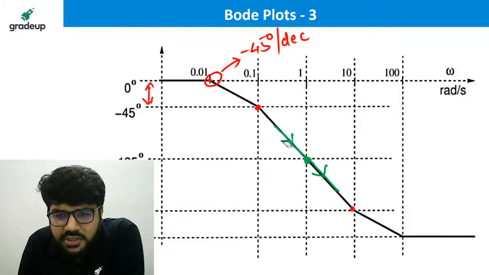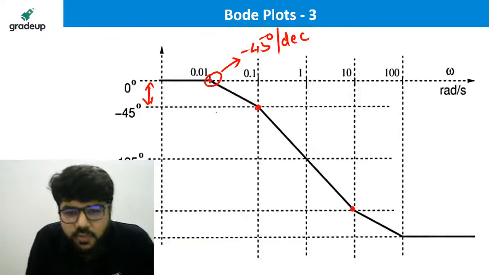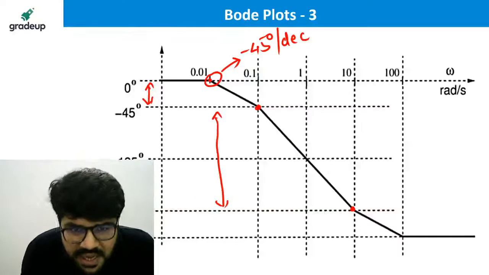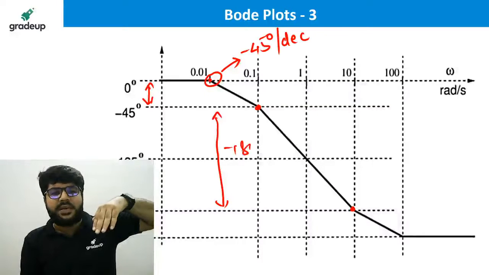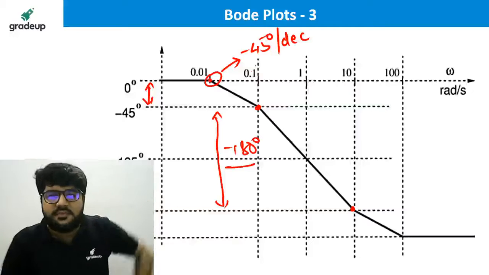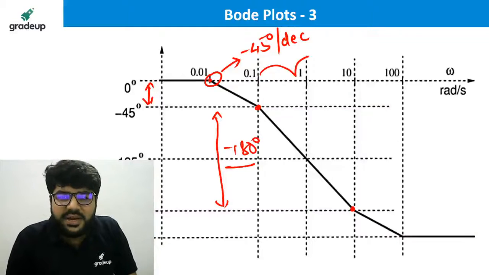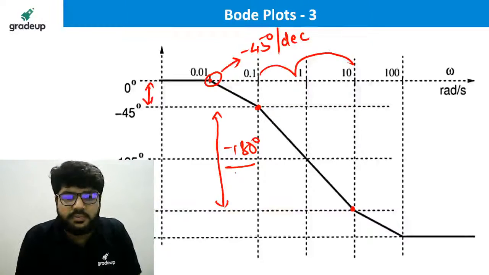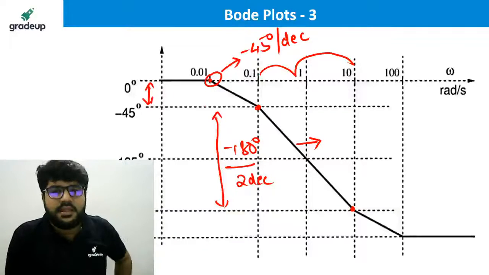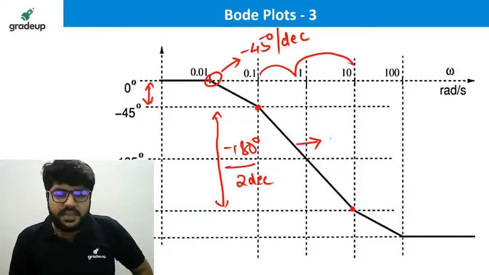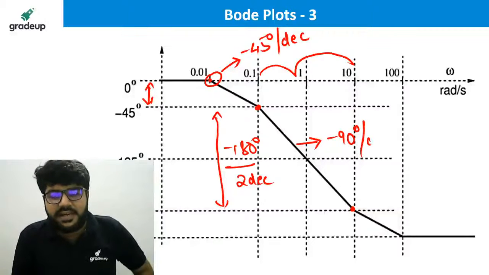Now look at these 2 points, guys. What is the change in phase? 225 and 45. The phase drops by minus 180 degrees. For how much change in frequency? 0.1 to 1 is 1 decade, 1 to 10 is 2 decades. So minus 180 degrees for 2 decades. So what is the slope of this line? The slope of this line is minus 90 degrees per decade.